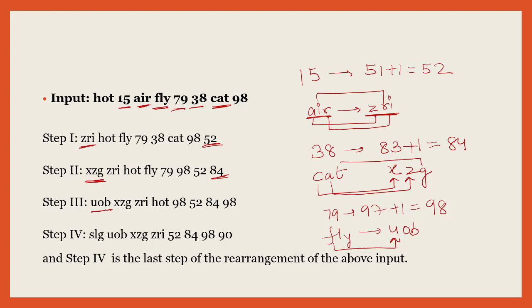And lastly, 98 when written in reverse order becomes 89, plus 1 gives me 90, which I can see at the right hand side, and hot will become, opposite letter for H is S, for O is L, and for T is G. So SLG at the left hand side and 90 at the right hand side.